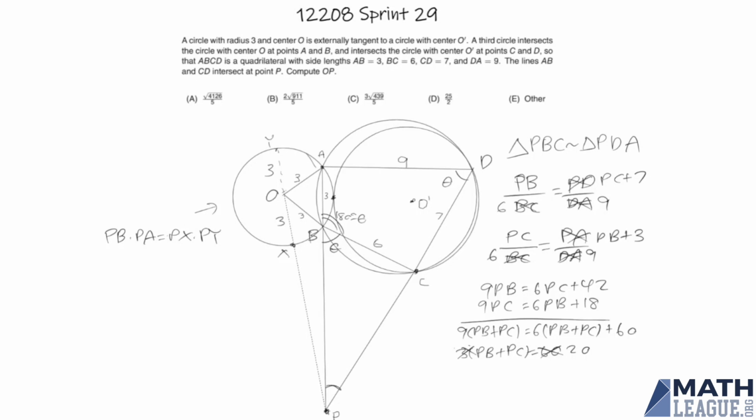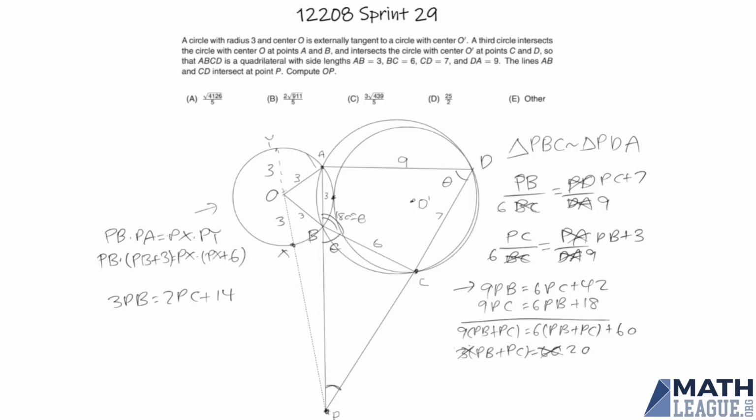In particular, we can make this more concrete, because PA equals PB plus 3, and PY is just PX plus 6. So now we have this equation. So now we want to find what PB is. Given this top equation, divide both sides by 3, we get 3PB equals 2PC plus 14.